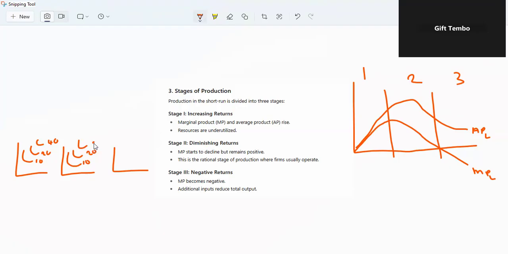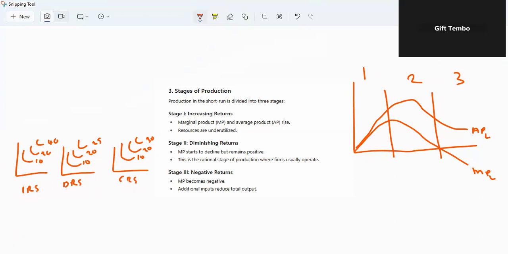It's increasing but at a declining rate. Then at a constant rate, 10, 20, 30. So this is what we call constant returns to scale. We have increasing returns to scale, diminishing returns to scale, and constant returns to scale.